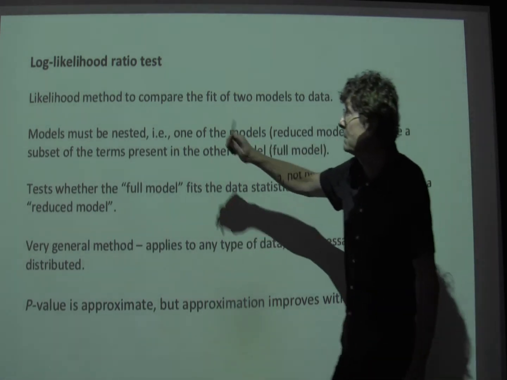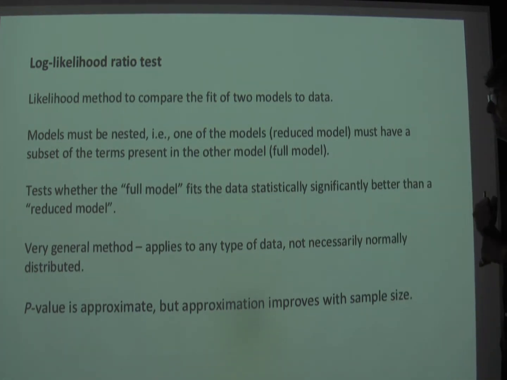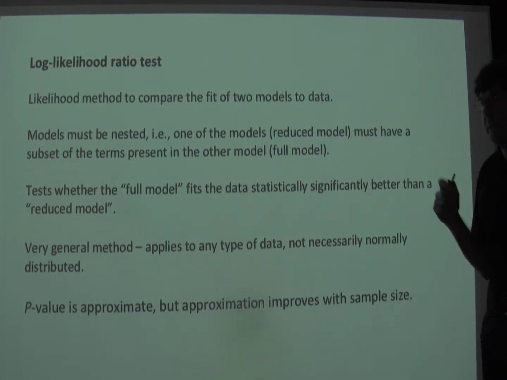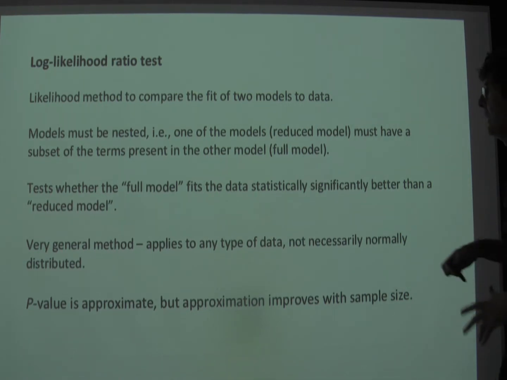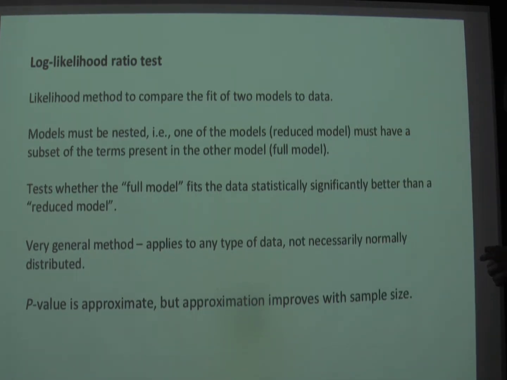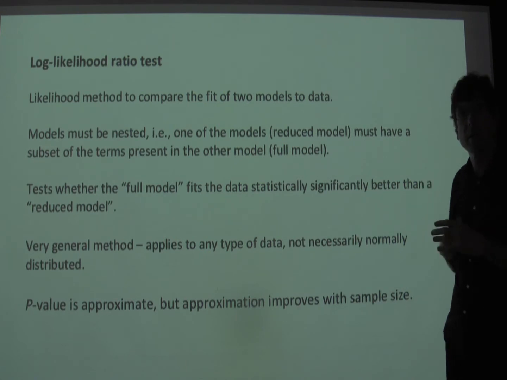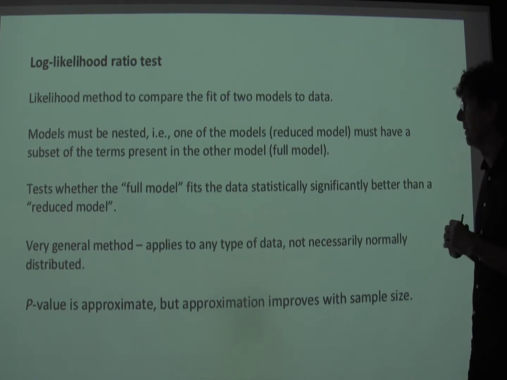What I want to tell you about specifically is a method called the log likelihood ratio test, or the G test. A log likelihood ratio test compares the fit of two models to the data and then asks, is the full model a better fit to the data than the reduced model?